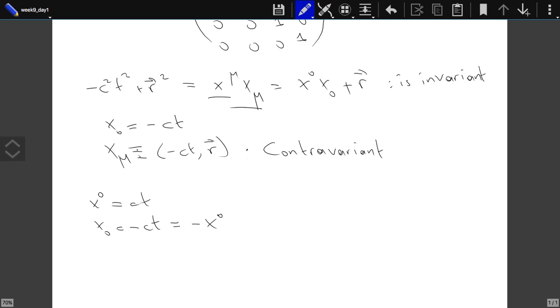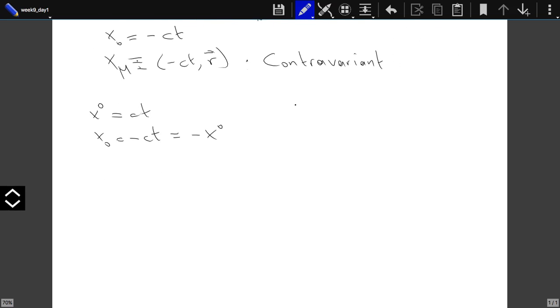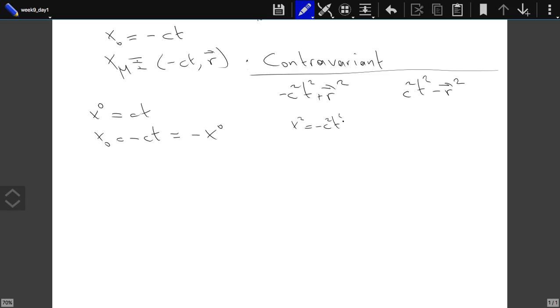So what this means is, just like this is invariant, this is also invariant. Both of these things are invariant. I can define the position vector squared to be this one, or I can define the position squared to be this one.